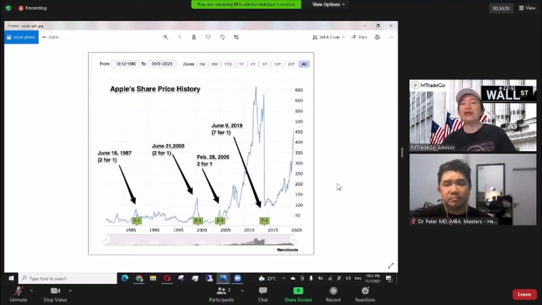Wow, this is the good news. You can see the stock go boom, boom, boom. The price went up beyond where it was before the split. You see what I mean? That means you have doubled your shares and doubled the value of your shares.